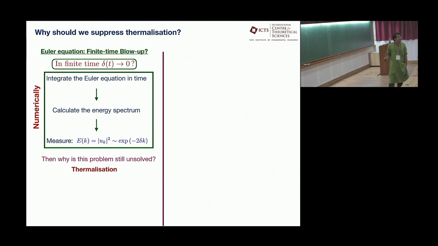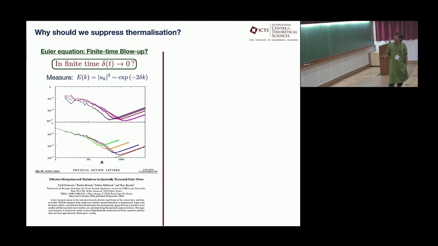The answer is the fact that things thermalize. This is one of my favorite papers from Marc Brachet in the mid-2000s, where he integrated the Euler equation, and lo and behold, this is the energy spectrum at different times. You see that k-squared equipartition spectrum creeping in. That's because the equations have thermalized.